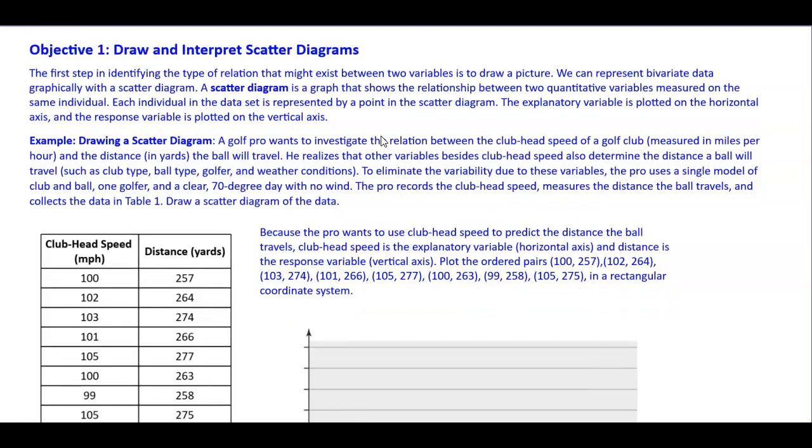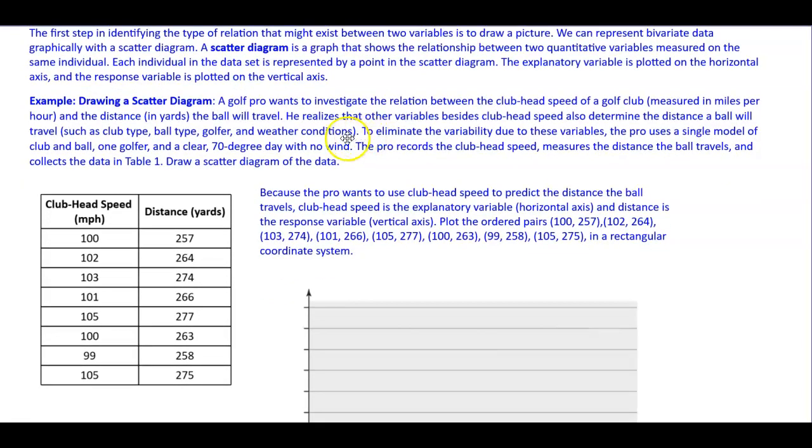So, for example, drawing a scatter diagram. A golf pro wants to investigate the relation between the club head speed of a golf club, measured in miles per hour, and the distance in yards the ball will travel. He realizes that other variables besides club head speed also determine the distance a ball will travel, such as club type, ball type, golfer, and weather conditions.